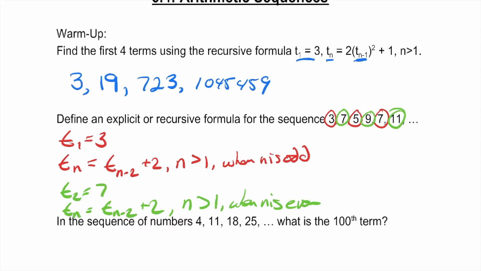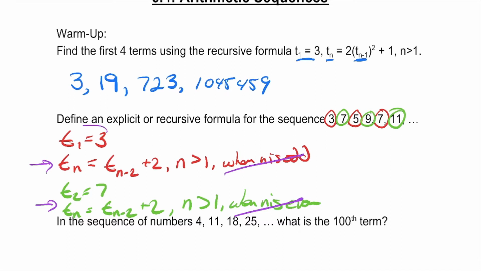In breaking it down, we could see the two, but then we discover that these two definitions are the same. In other words, it doesn't matter if n is even or n is odd. So here we could just express this in general, that t of n is the second previous term plus 2, whenever n is greater than 1.